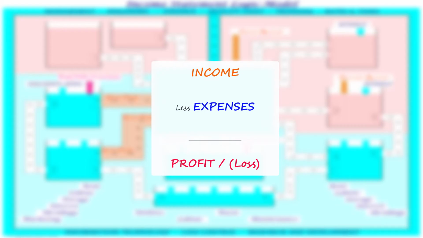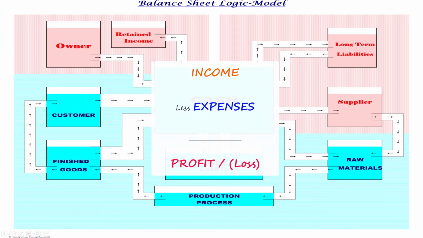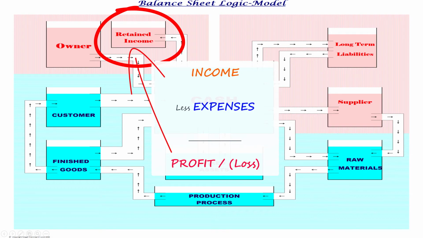But that net effect, when we've calculated that, what does that affect in my balance sheet? It ultimately affects retained income. If I've made a profit, I increase retained income. If I've made a loss, I decrease retained income. So the reality is this: whatever that income less expenses equates to, the profit or the loss, actually affects who?